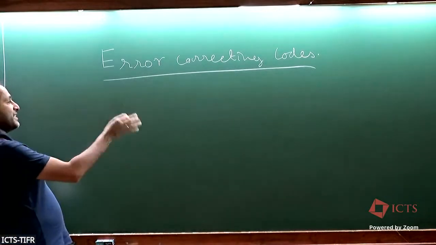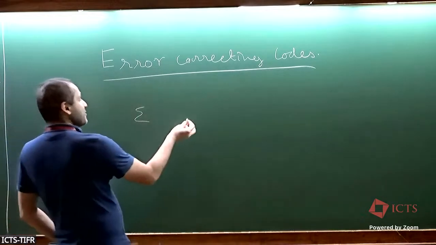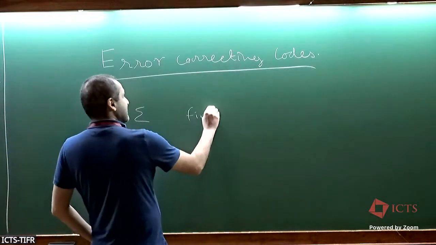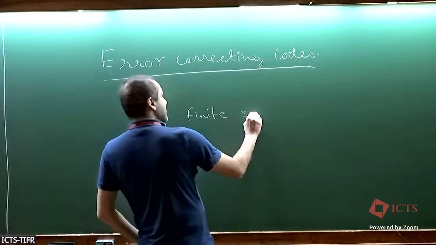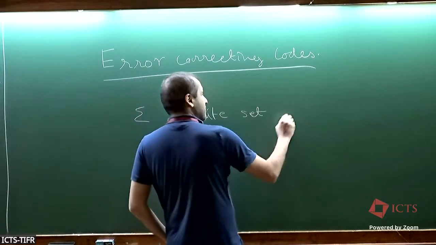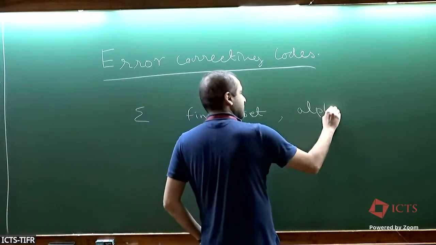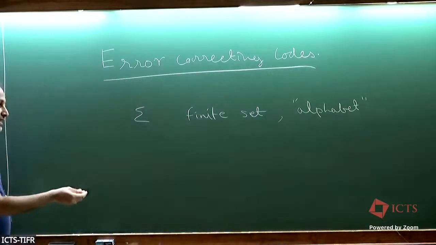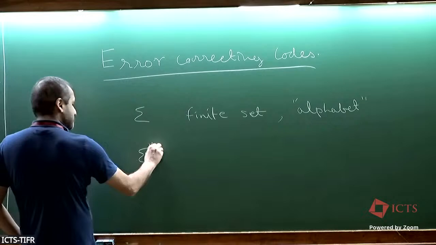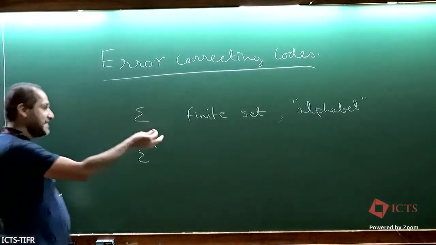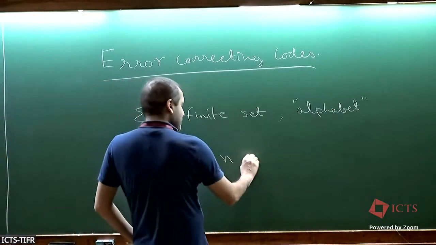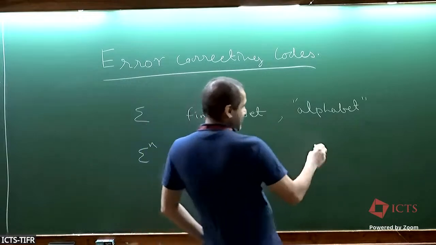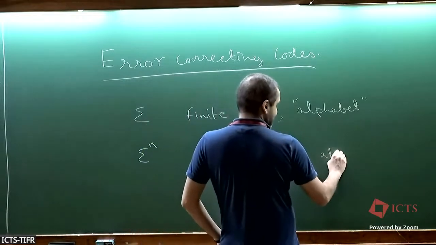Great. So let's start. Sigma is going to be a finite set, and it's going to be our alphabet. The space which we'll work in is sigma to the n. And what's n? N is this quantity that will always be going to infinity, and all asymptotics are in n going to infinity.